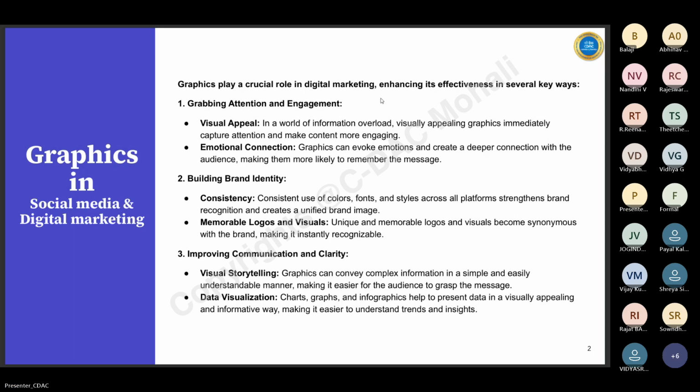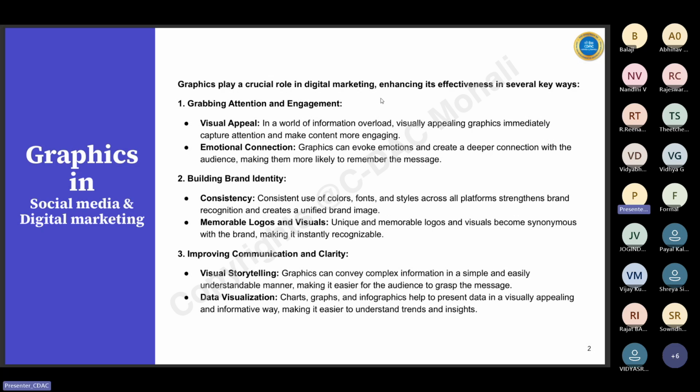All these big brands use a consistent approach when they choose colors, fonts, and styles across their platforms, pages, or anything they are doing. You can see the same Amazon logo on their website, on their advertisement, even on their packaging.